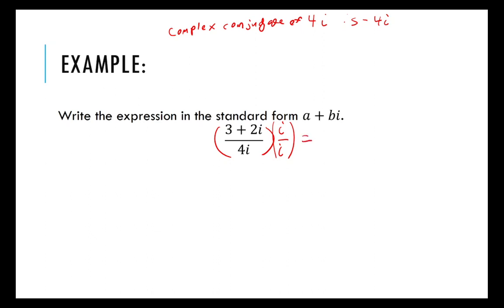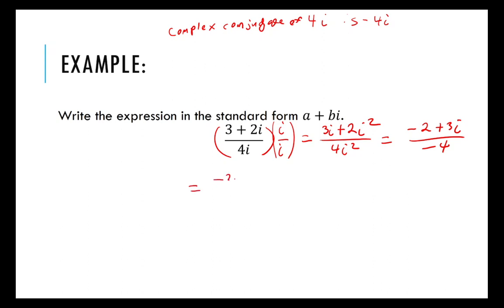But now what happens? Distribute the i on top. That's going to be 3i plus 2i squared divided by 4i times i is 4i squared. Well, then that's going to give us negative 2 plus 3i divided by negative 4. At this point, we can simplify.